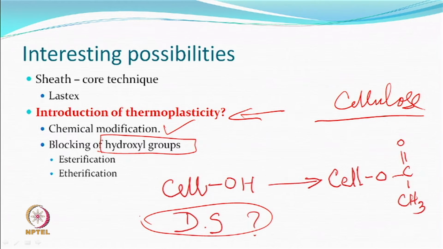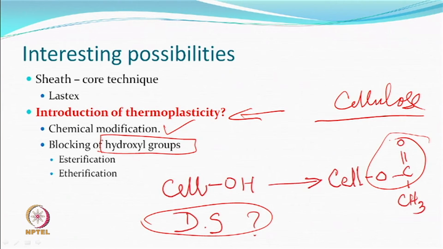How much? That we will call a degree of substitution. This can be done by many means, but esterification we already know. You have triacetate, diacetate fibres. So, the ester linkage was being introduced.